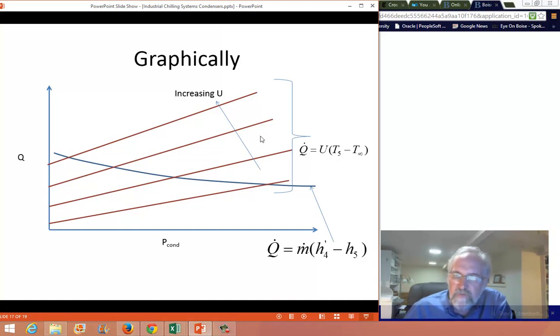The condenser performance given by that heat transfer equation is a series of lines. Each given line is for a given U. So as the condenser pressure increases, the approach gets bigger and it moves up this line, right? But if you change the conditions of the condenser by increasing the airflow through it, you jump to a different line.